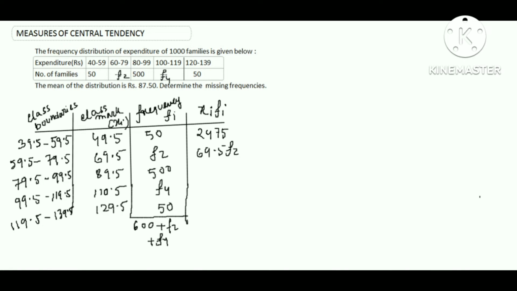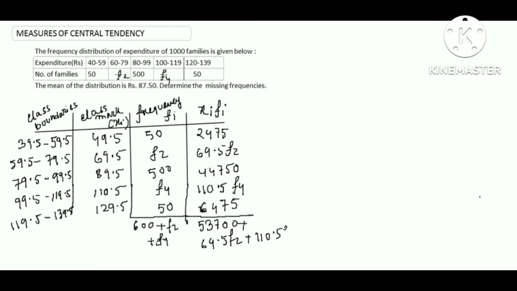Next, 44750. 110.5 into F4, and the last one is 6475, and we have the summation of Xi Fi is 53700 plus 69.5 F2 plus 110.5 F4.